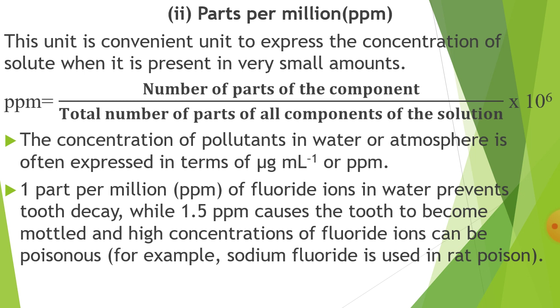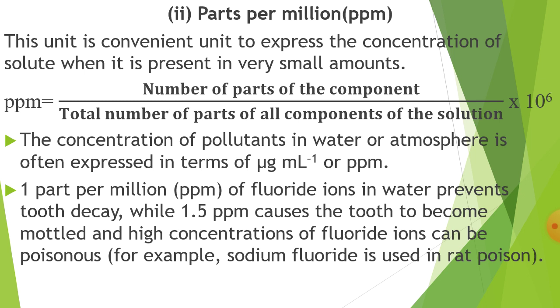This unit is a convenient unit to express the concentration of solute when it is present in a very small amount or trace. ppm is equal to the number of parts of the component divided by the total number of parts of all components of the solution, multiplied by 10 to the power 6.